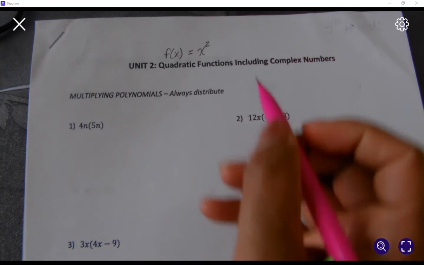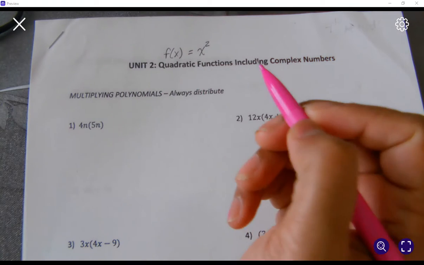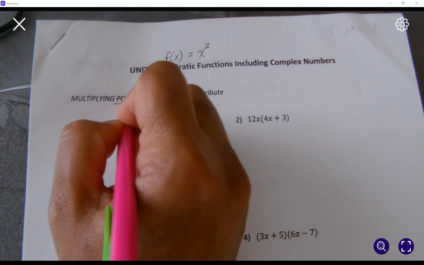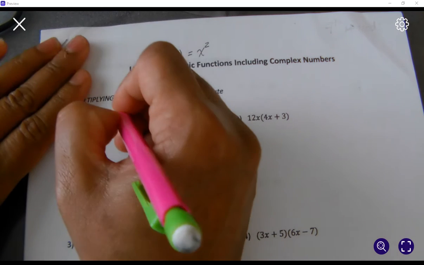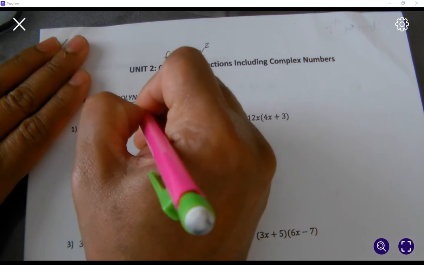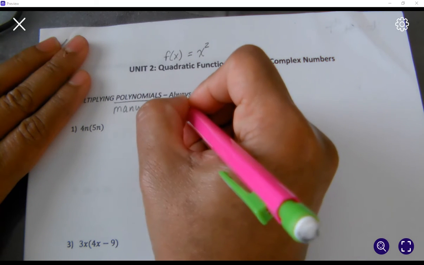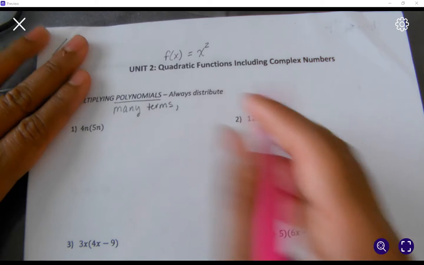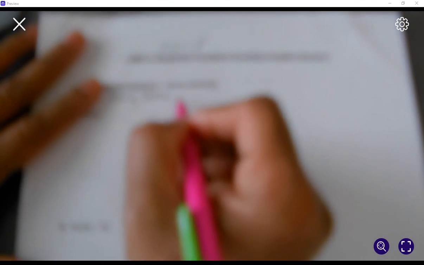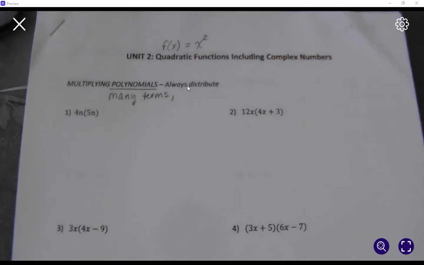First of all, what is a polynomial? A polynomial just means that it has many terms. And a term is anything that is separated by an addition sign or a subtraction sign.